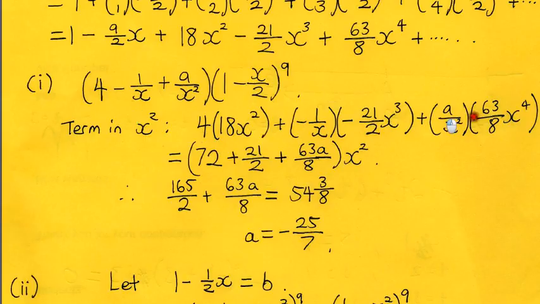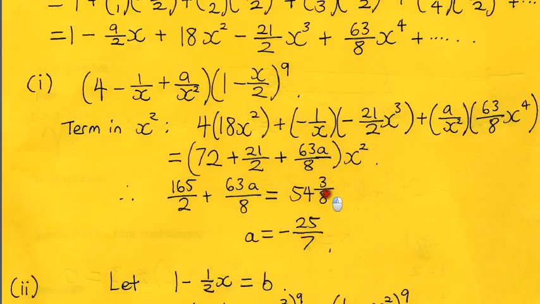Hence, we just add these 3 together, and we get 4 times 18x squared plus (-1/x) times (-21/2 x cubed), and finally plus a/x squared times 63/8 x to the power of 4. These are the 3 terms that will give us x to the power of 2.